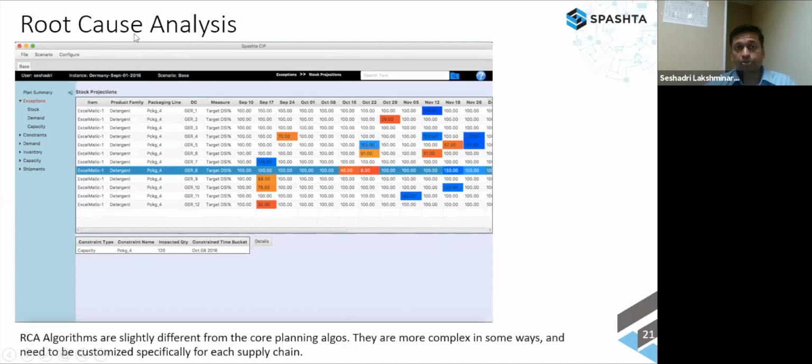Root cause analysis reports could get very complex, as complex as the planner wants them to be. I myself have built such reports in the past for various clients in the automotive and consumer goods spaces, and it could get pretty complex, but it is only as complex as your environment is, because the planners really do want to understand, if I'm not able to satisfy demand or inventory, what is the cost?